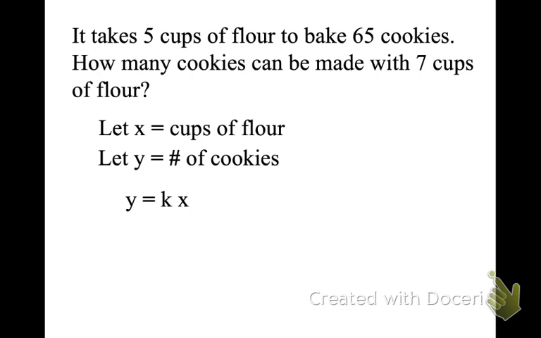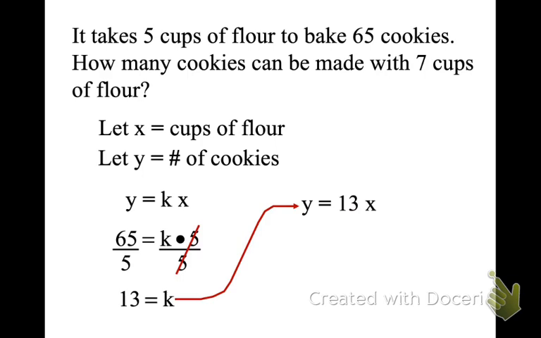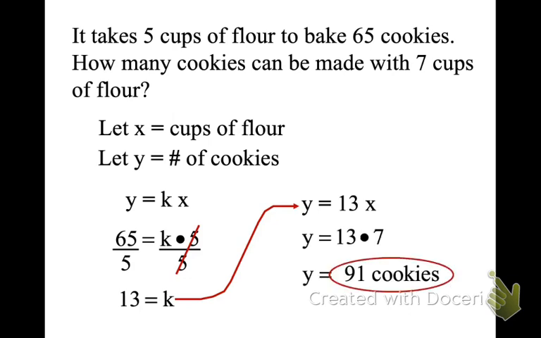If I substitute in, I get my k is 13, then I can use that to write the direct variation equation. Y equals 13x. Now I can substitute in the next bit of information. So for 7 cups, cups stands for x, I substitute it in, and that means 91 cookies. Okay?